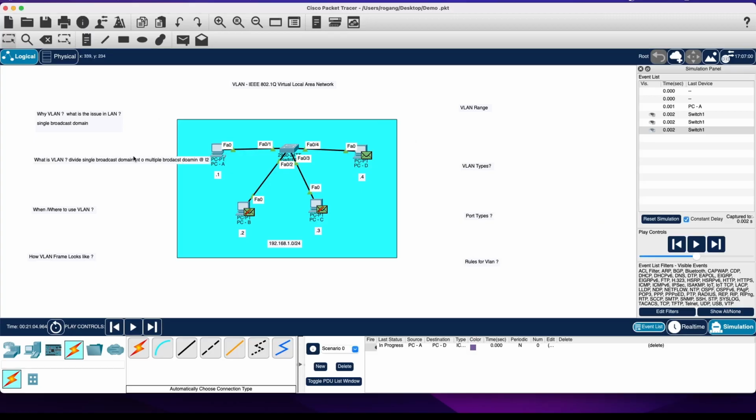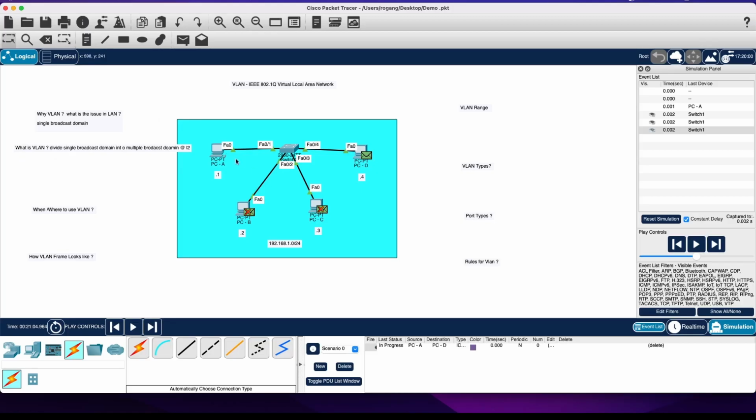So that's the important concept here. This VLAN was introduced to avoid the unnecessary broadcast traffic. I don't have to explain more than the simple definition that I stated here, but if you want to know more, that's fine.